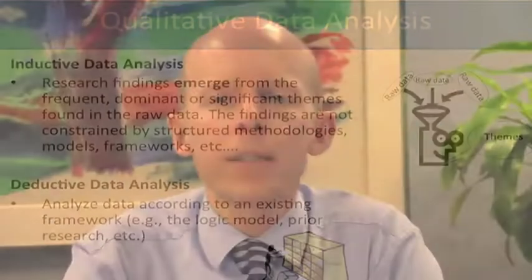From an inductive data analysis approach, you would take the raw data, those statements, those answers to the survey questions, and you would read them and start to look at them and look for trends or themes that might appear. Did lots of people talk about a particular issue? Were some issues that you anticipated not discussed at all within the responses? And within that then, you're identifying the themes that came out of the data.